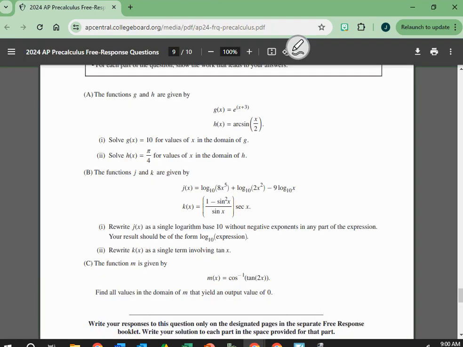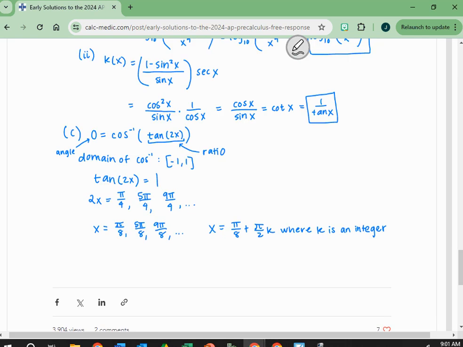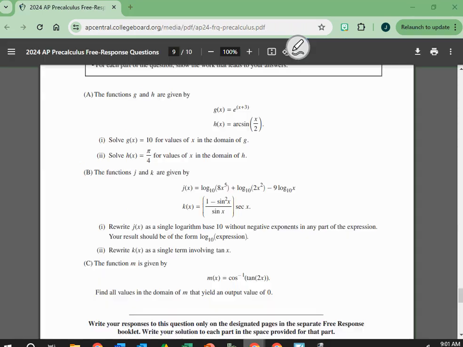Let's see, what did C ask for? Okay, so you're setting it equal to 0 and then solving. That one I need to look at a little closer. I see what they're doing, but let's look at what the directions said.